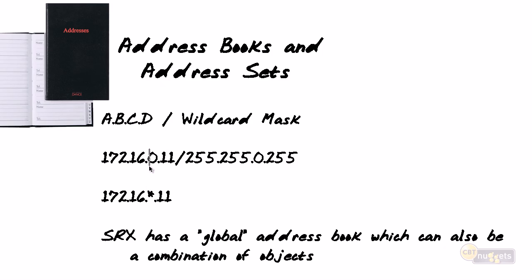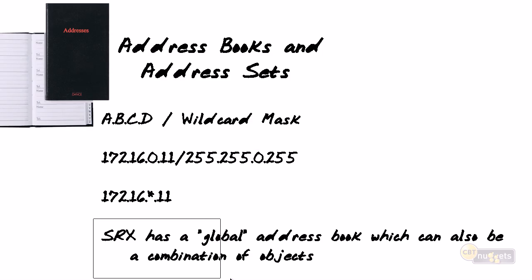So this could basically be anything. And this is kind of an interesting one because you're saying anything that's the .11 address on the subnetwork. So 1.11, 2.11, 3.11, 200.11, all of those would be valid. Okay, so you can use this kind of wildcard masking to represent a particular range of subnetworks.